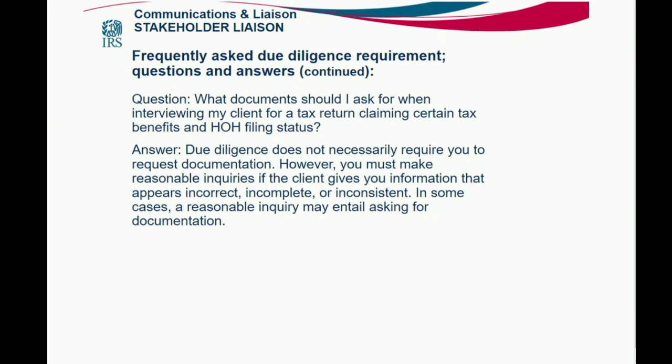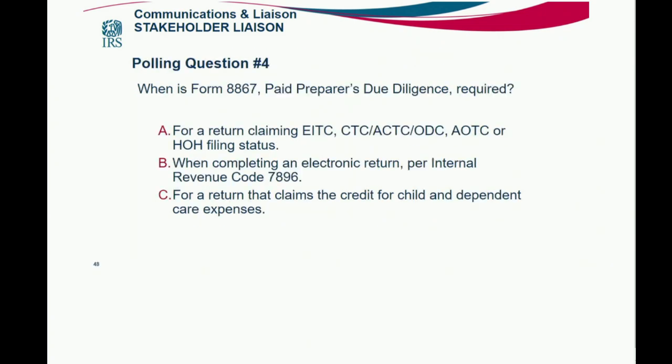Great. So we've reached our final polling question. All right, we certainly have reached our final and last polling question. Okay, folks, here we go. When is Form 8867, the Paid Preparer's Due Diligence Checklist, required? Is the answer A, for a return claiming EITC, CTC, ACTC, ODC, AOTC, or HOH filing status?